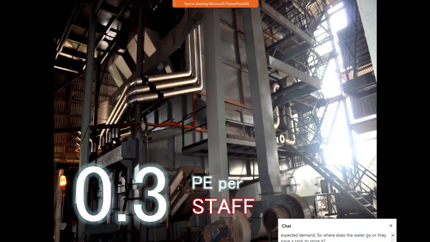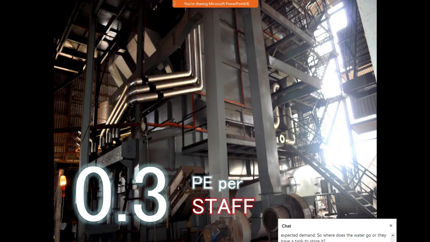For factories, it is counted per staff. How many staff are in the factory? We have 0.3 per staff, whether he is a worker or a manager, it doesn't matter. It's only per staff, 0.3. Whether the factory is a large area or small area, it doesn't matter.